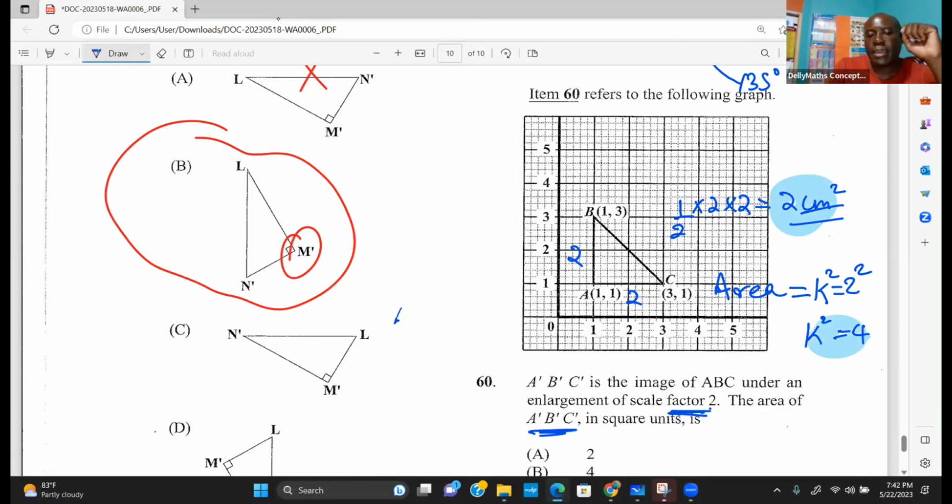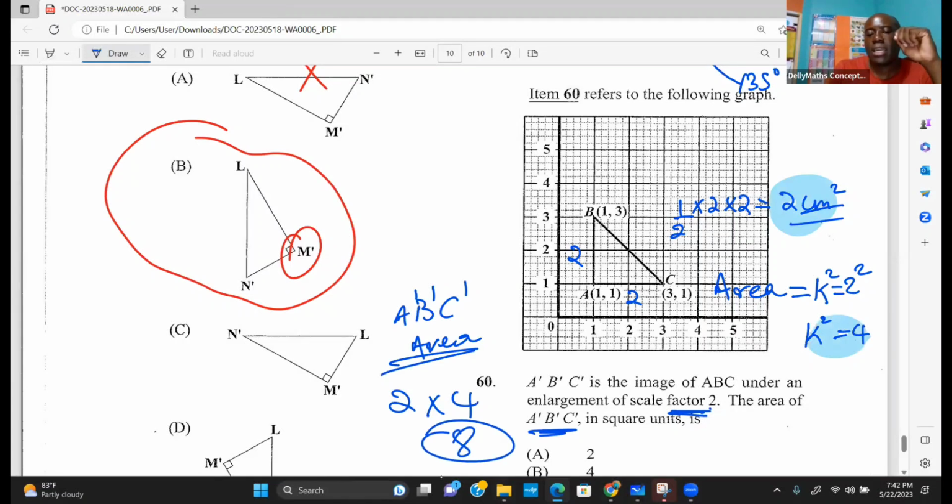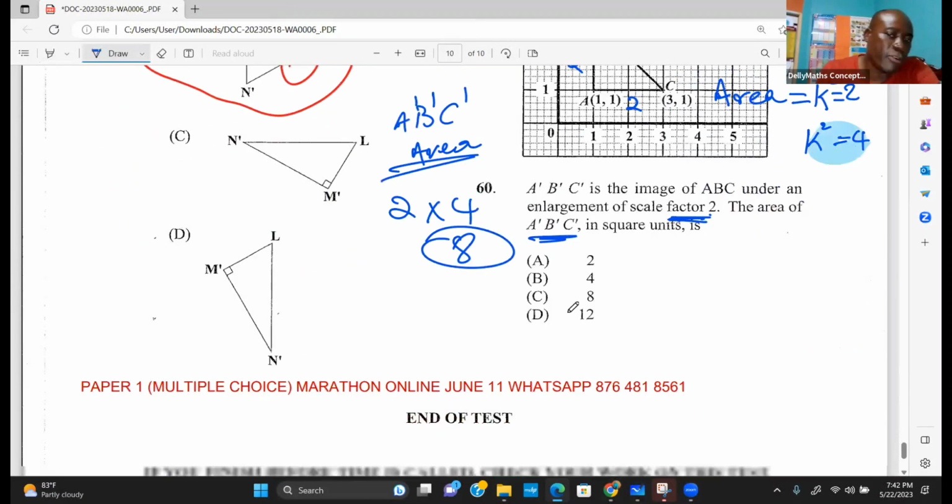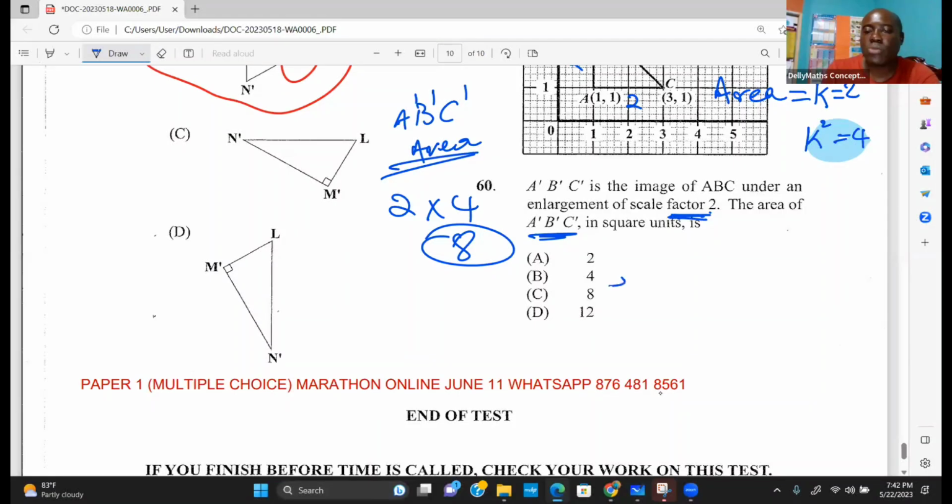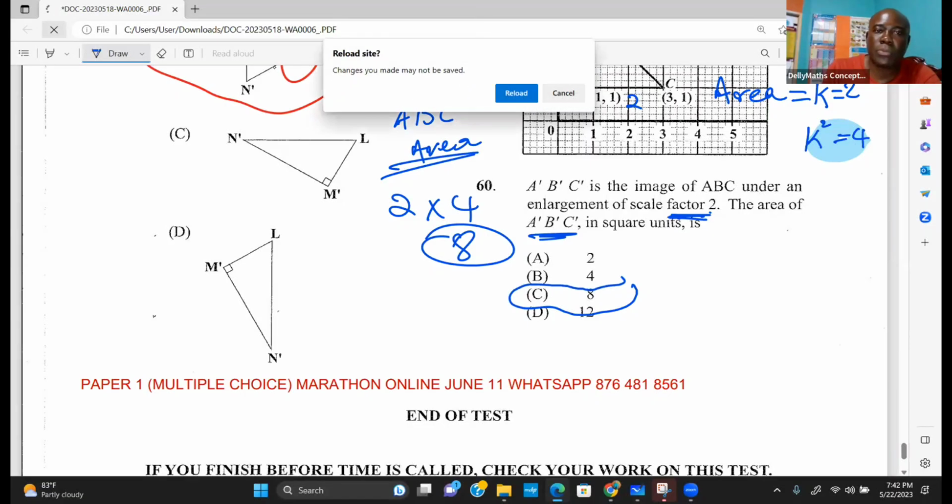Then A prime, B prime, C prime area will be 2 times 4, 8. Anybody will put 2 or put 4 in a problem. And it was designed for a lot of people to pick 4.